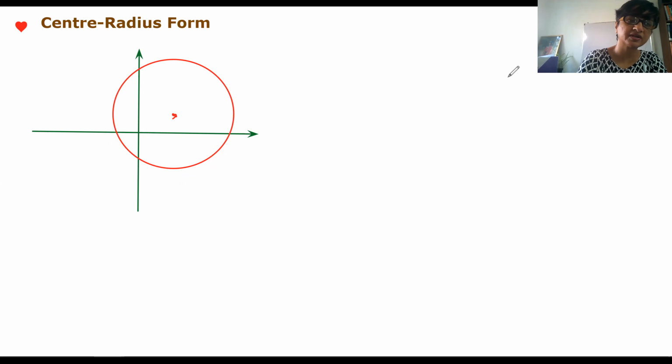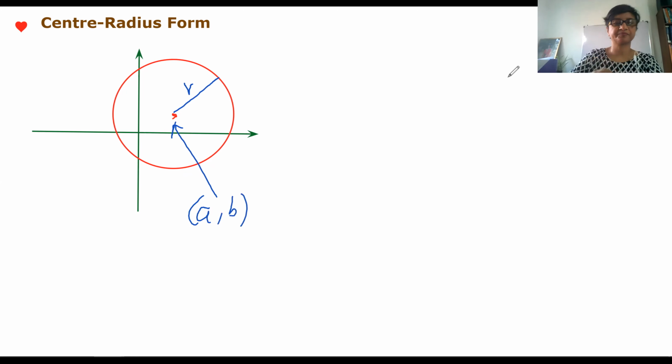Let's suppose I know the length of the radius, and I know the coordinates of the center. I will put an arrow like that. Let's say I know the coordinates of the center, a comma b. So if you know these two pieces of information, center and the radius, center means the coordinates of the center point, and the length of the radius r, the equation of this circle could be written in this form. What form? This form. So let me see whether I can.